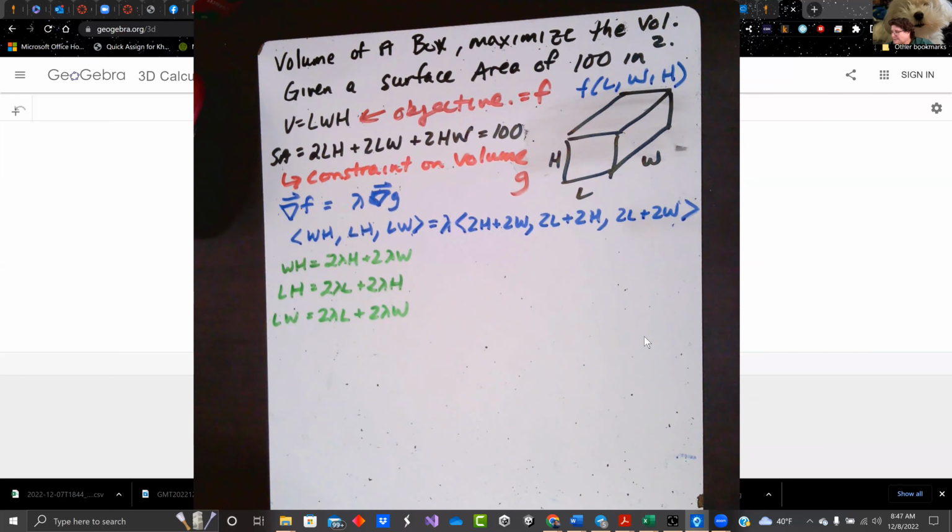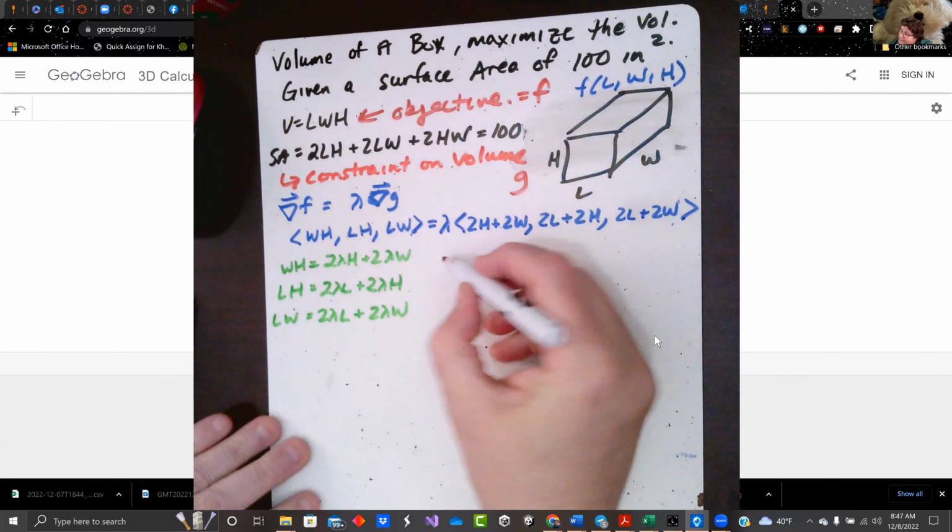So lambda, I don't know. What can I do with this? We need to solve these all together, so I could factor out 2 lambda on each of them.